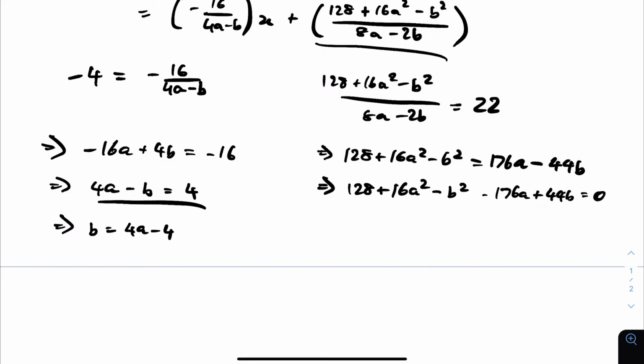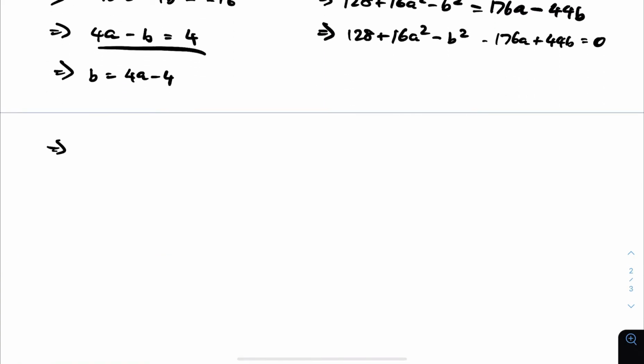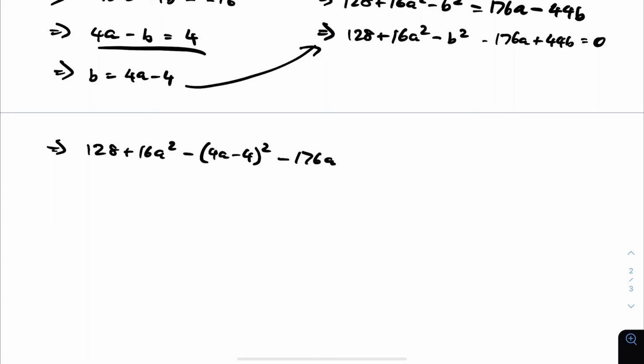Now let's substitute that into that function. I'm going to do it on a separate page here. So assuming b is 4a minus 4, we get 128 plus 16a squared minus 4a minus 4 squared minus 176a plus 44b. So that's 4a minus 4, which is equal to 0.